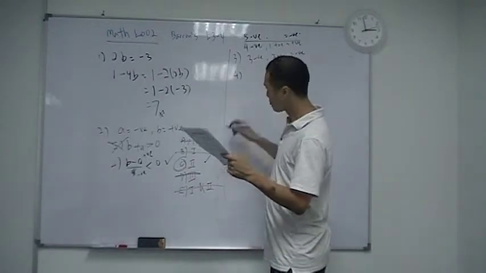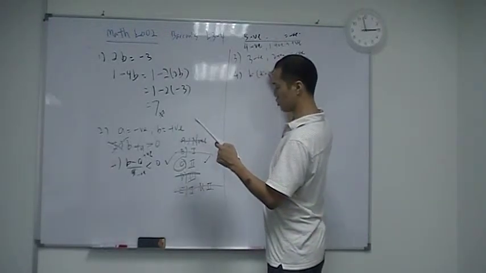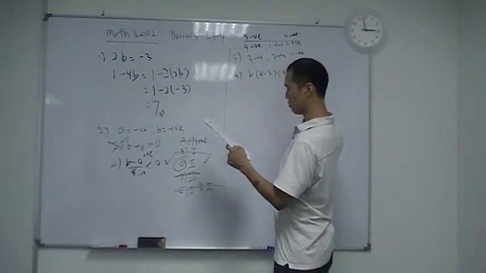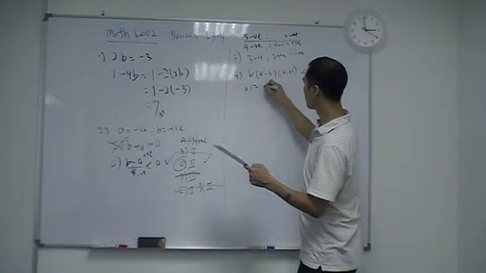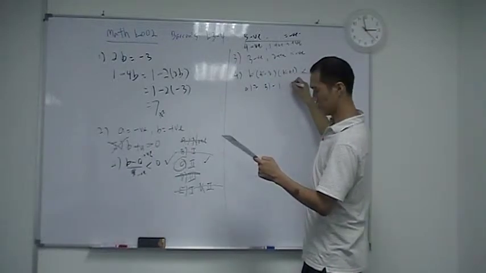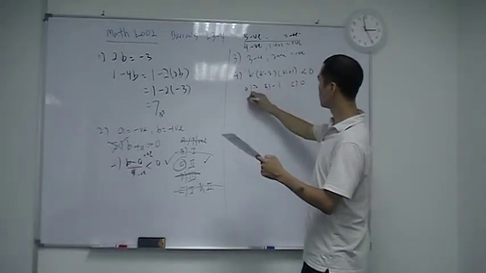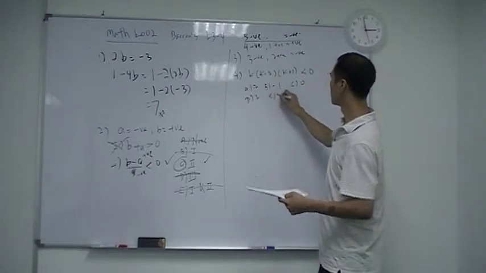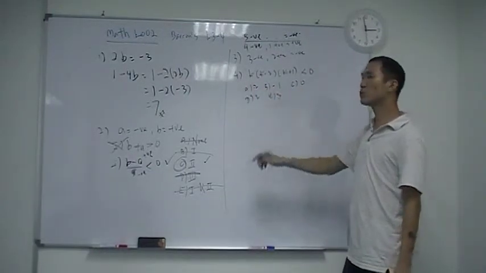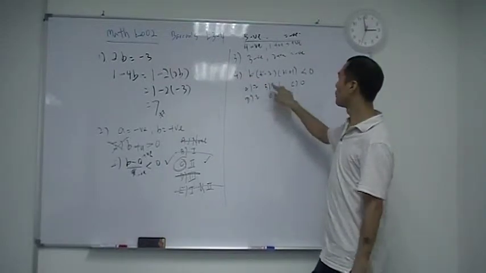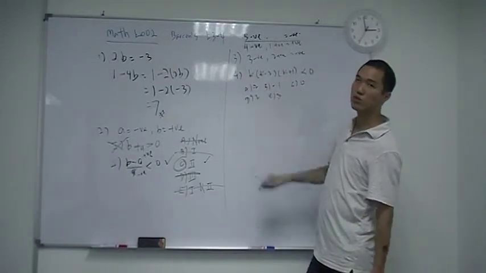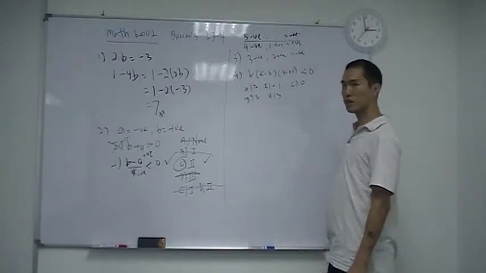Number 4. K times K minus 2 times K plus 1 must be negative. A is negative 2, B negative 1, C 0, D 2, and E 3. In order to make this negative, one or three of the factors must be negative.